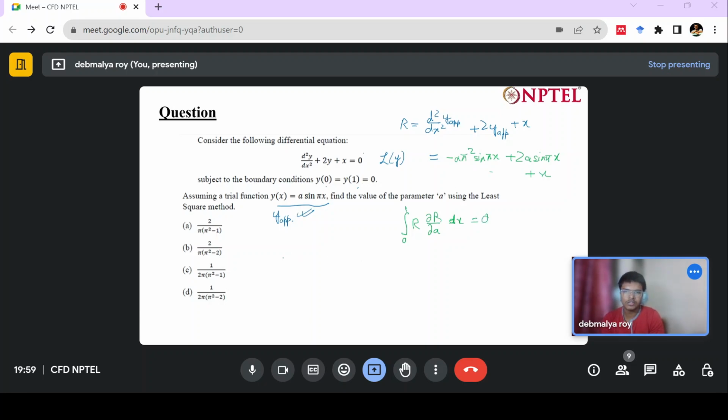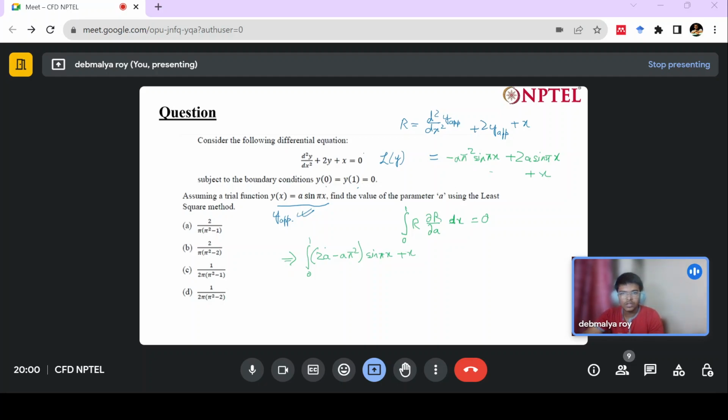Let's substitute all of this, from 0 to 1. We have minus a pi square sine pi x, and we can group them together: 2a minus a pi square sine pi x plus x.